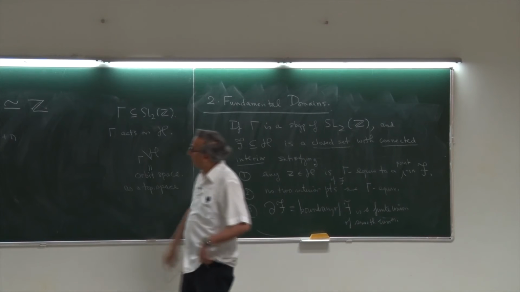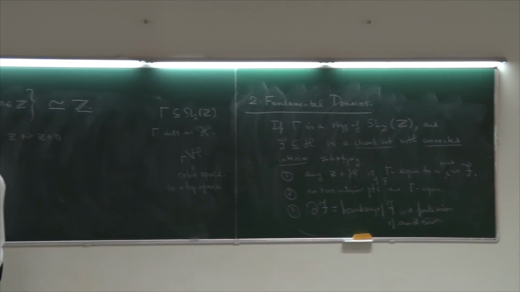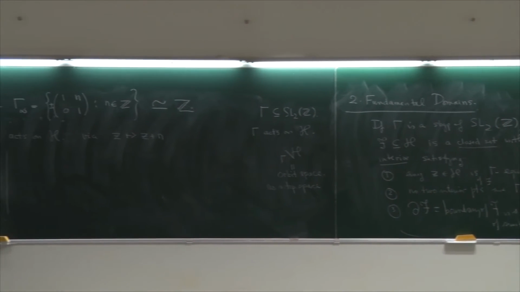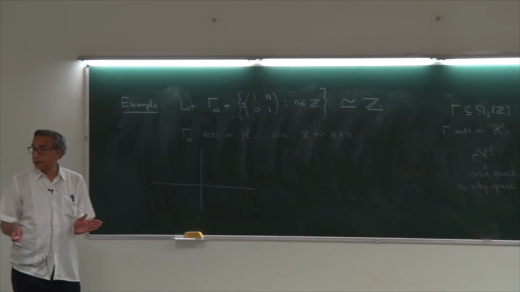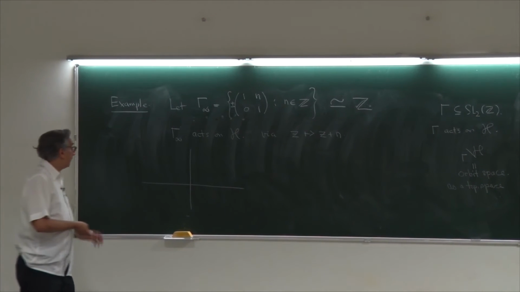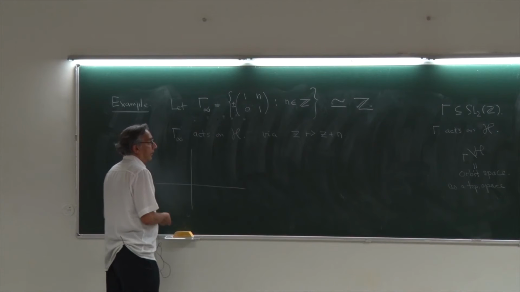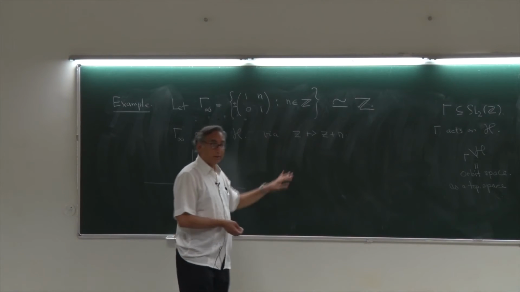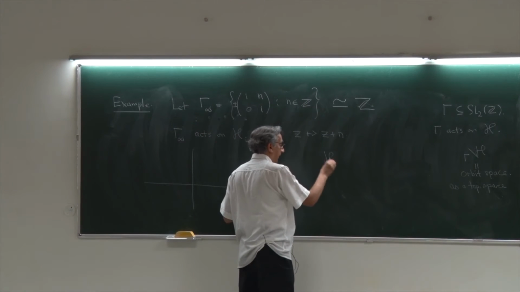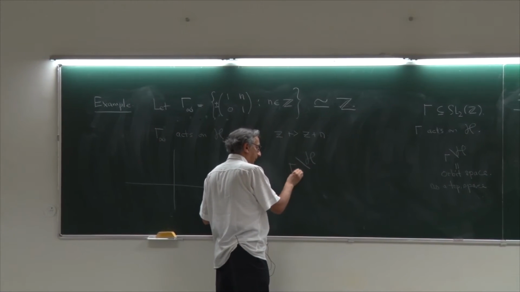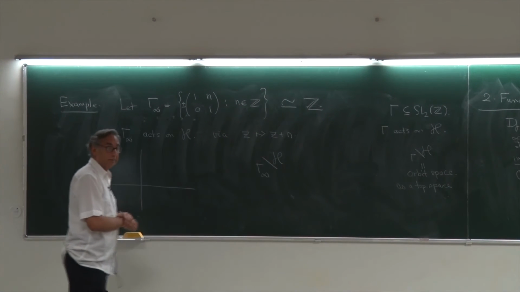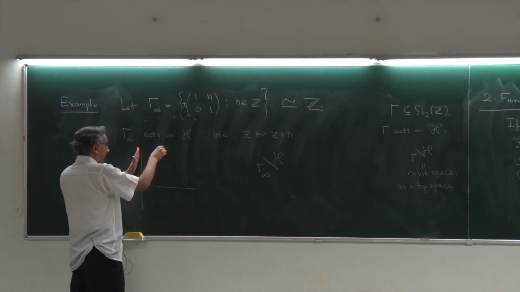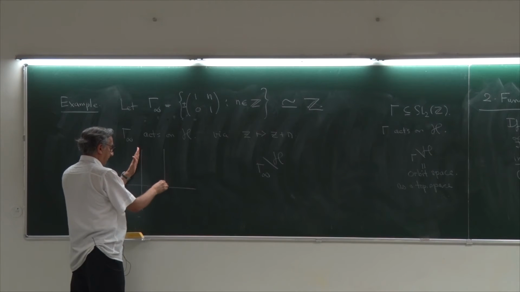Yeah, so if we take a look at this, then we see that this is just translation. So everything is generated by the unit translation by 1. And therefore, if I was looking for a fundamental domain for this action, I could take any strip of length 1.